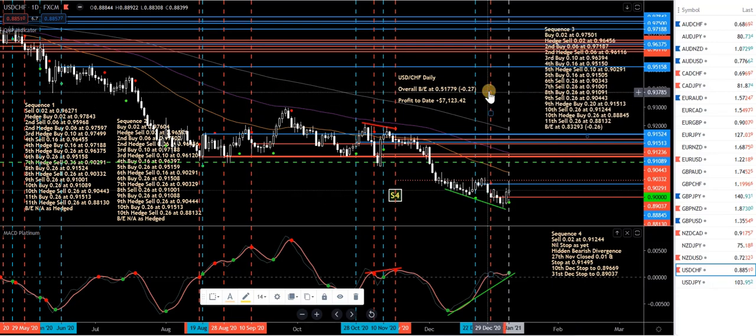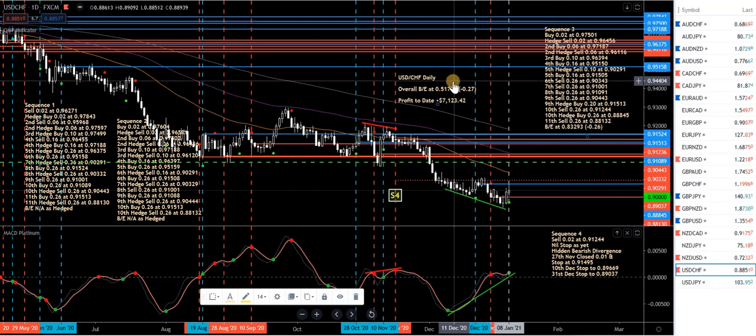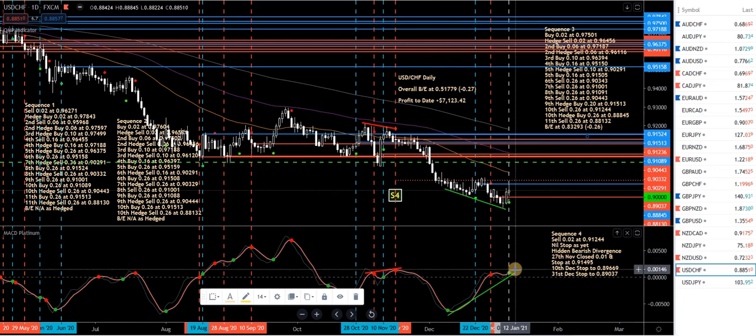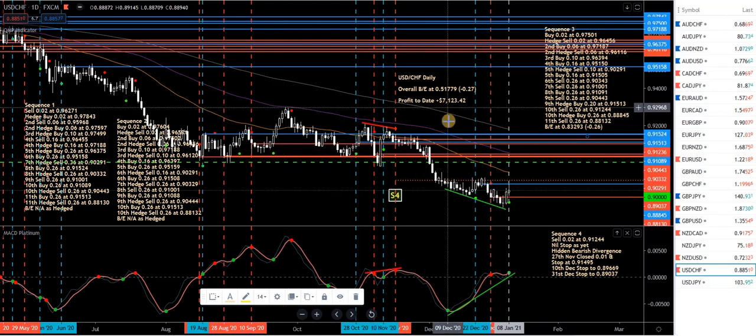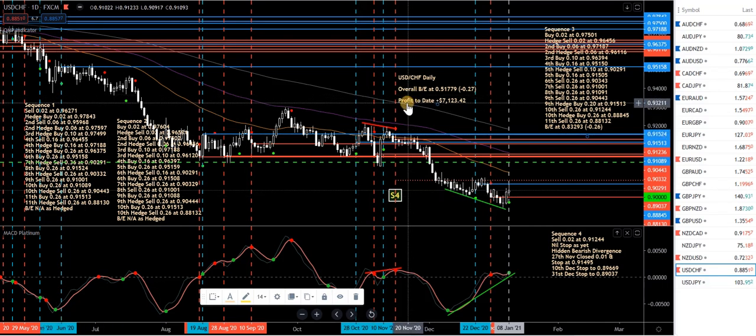But my overall position is really very low. So in the meantime, I just keep on working the right edge of the chart. There's probably been like 20 sequence 4s since these sequence 1, 2, and 3 started. I just keep on adding to the profits, closing certain trades, and just try and be a bit creative with trade management. So that's it for the USD Swiss francs.